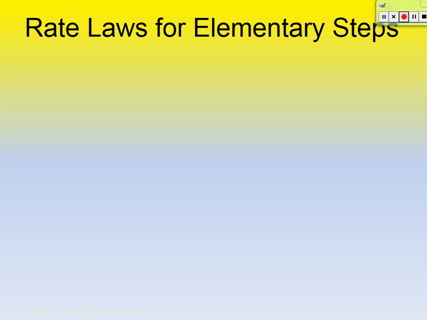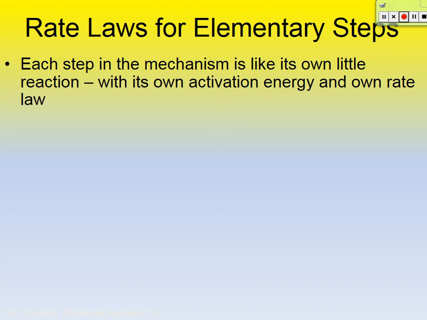Okay, let's look at the rate laws for elementary steps. Each step in the mechanism is like its own little reaction and has its own activation energy and its own rate law. So for every elementary step, it's like its own reaction, has its own activation energy, and its own rate law. So let's talk about that for a second.